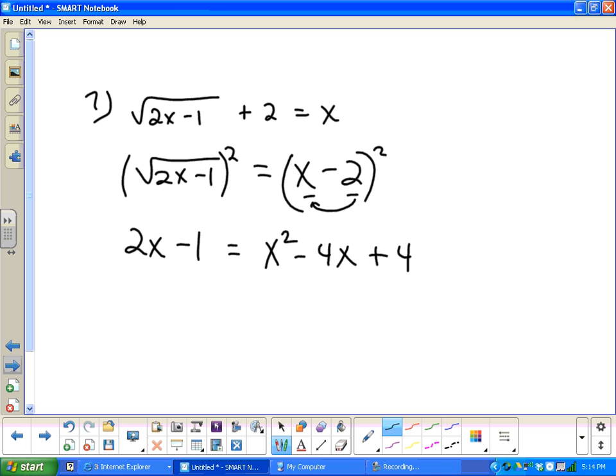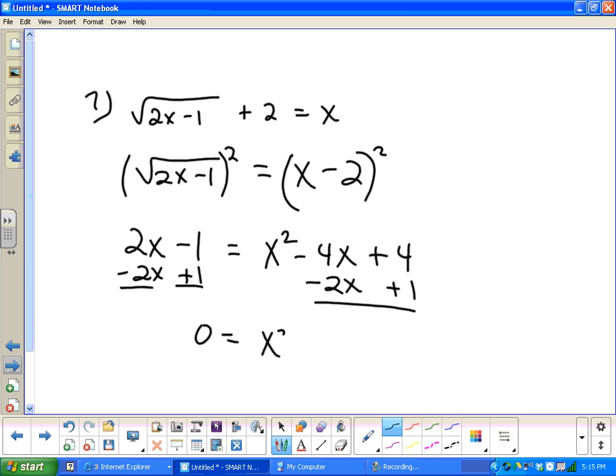Okay, so what we end up with now is a quadratic. So since it's a quadratic, we're going to set it equal to 0 and solve it by factoring. Now, I'm going to put everything on the right side because I want to keep x squared positive. It's easier to factor it that way. So I'm going to get rid of this on the left side here and pull it over here to the right side. So now we're going to get 0 equals x squared minus 6x plus 5.